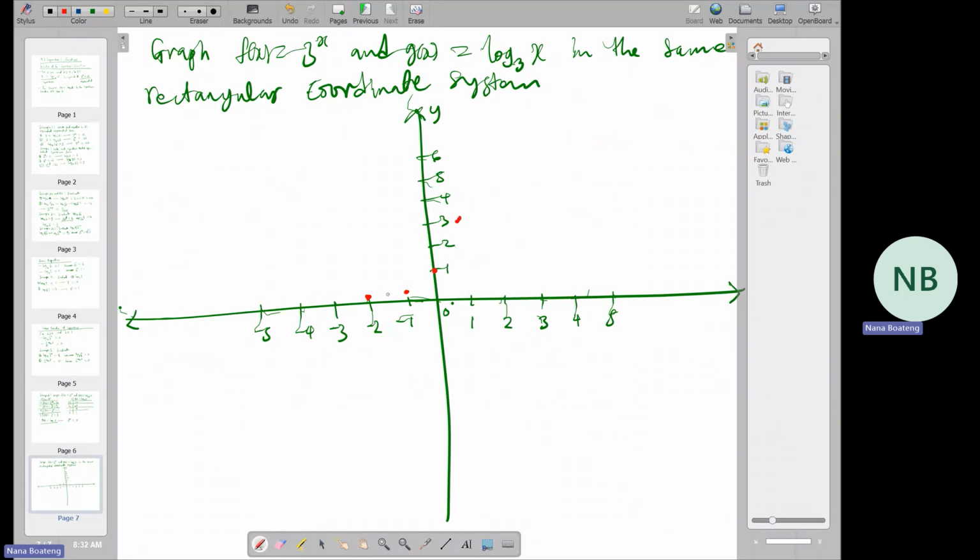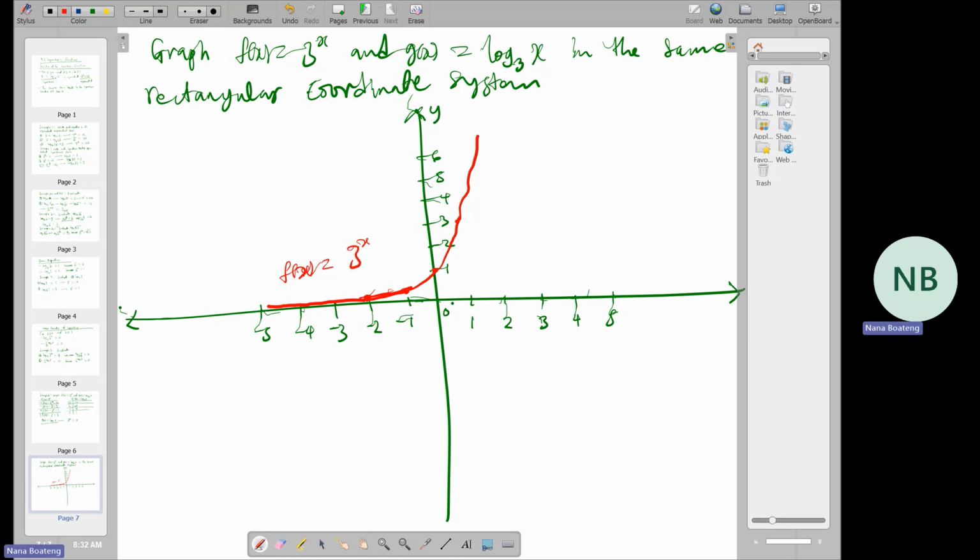So we can join these points. And the graph of f of x has a horizontal asymptote. It never touches the x-axis, although it gets closer and closer to it. So this is f of x, which is equal to 3 power x.